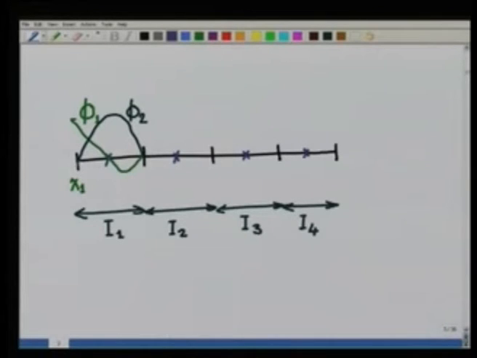So, by the same token, phi3 is like this. Then phi4 should be 1 here, 0 at all other points. Similarly, phi5 will be 1 here, 0 everywhere else.